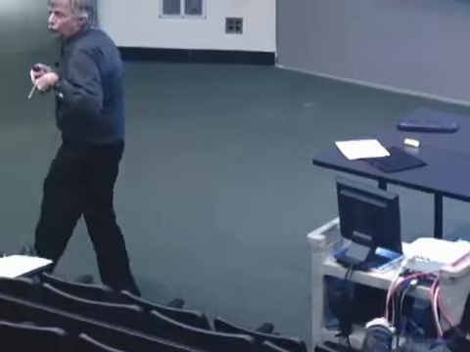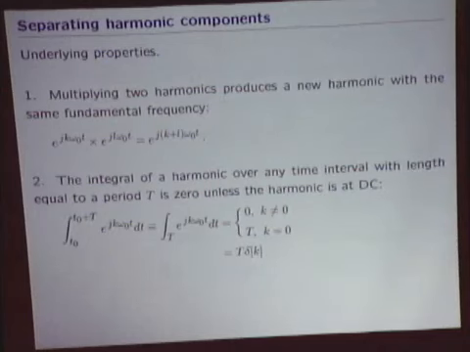So if k is a number other than 0, you'll have complete periods of a sine wave, and the average value over that period is 0. The only time you'll get something non-zero is if k is 0. If k is 0, if it's DC, then e to the 0 is 1. The integral of 1 over a period, regardless of which period you pick, is capital T.